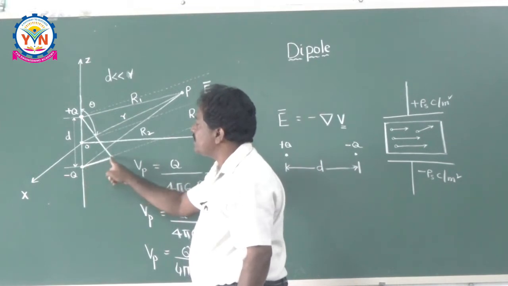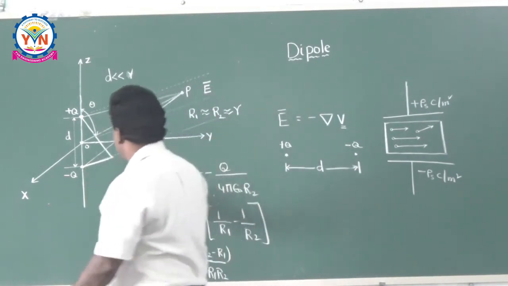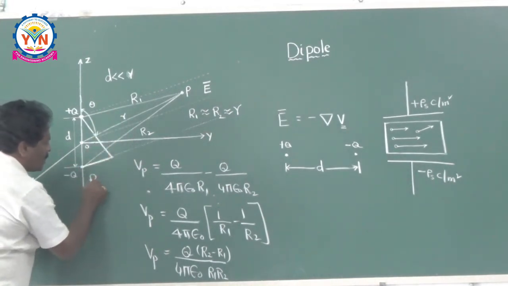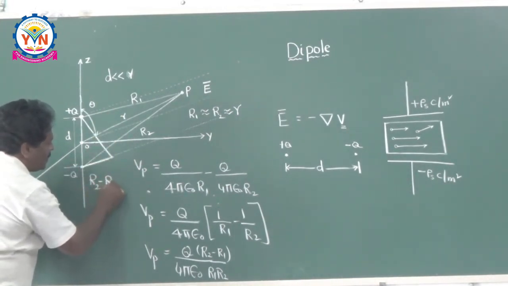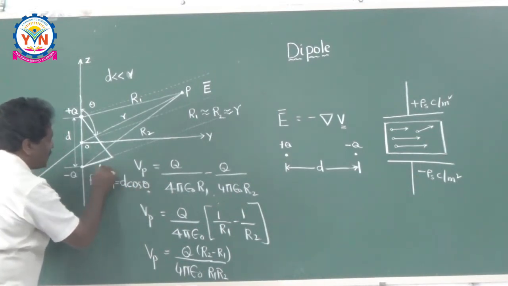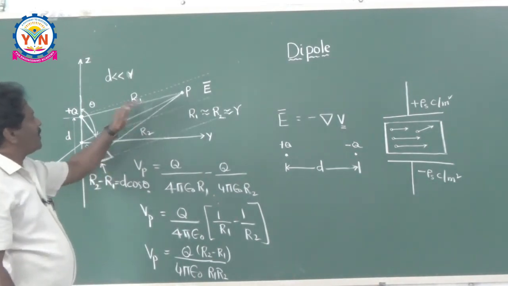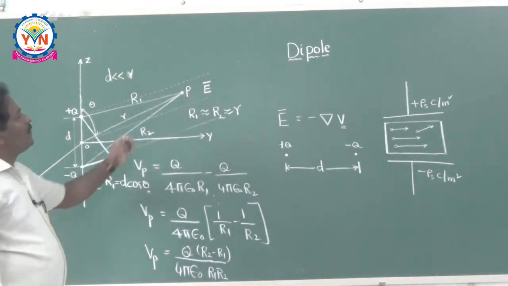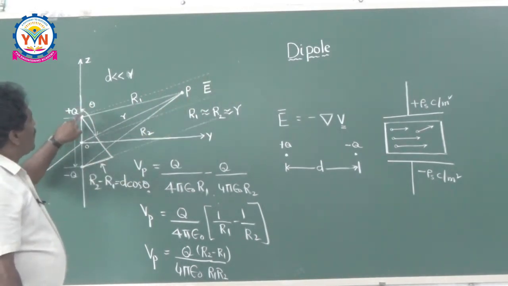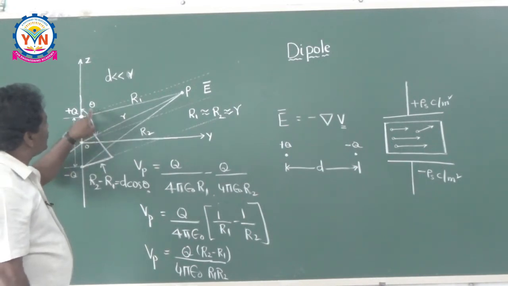Then what is the difference here? R2 minus R1 is equal to d cos theta. So this is the path difference. Because for far away points, I can approximate that all these lines make the same angle theta.